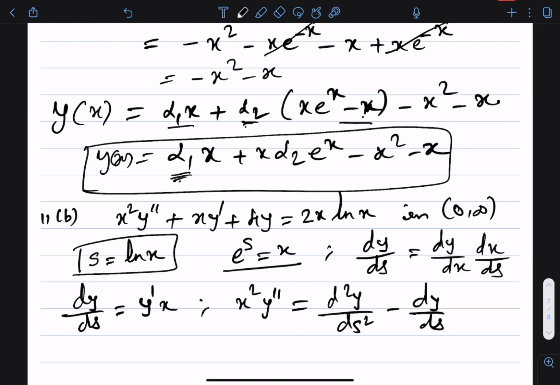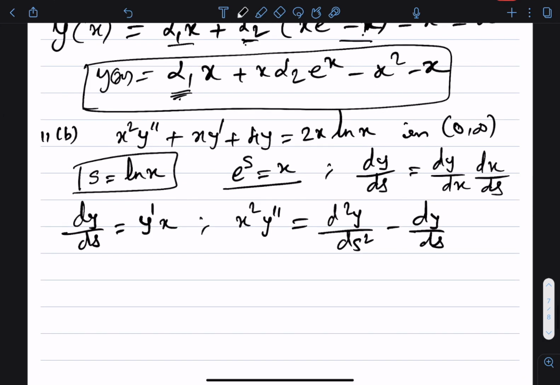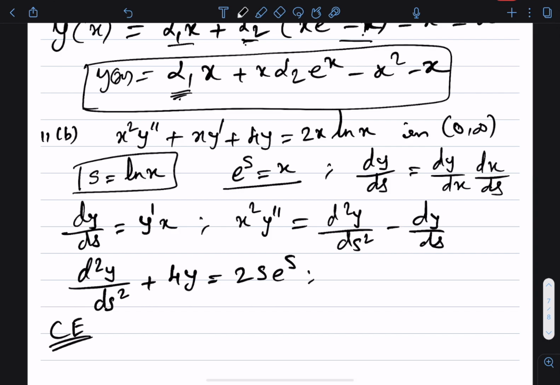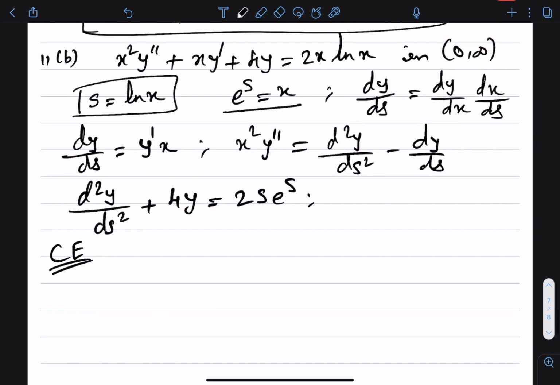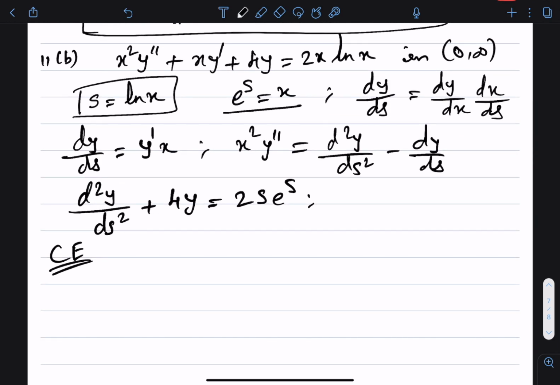So if you use this substitution in the equation, then this variable coefficient ODE becomes a constant coefficient ODE in the y and s variables, and the right hand side, which is 2x log x, will now become 2s e power s. So now it is a linear ODE in the y and s variables, an inhomogeneous linear constant coefficient ODE. You know how to solve it.